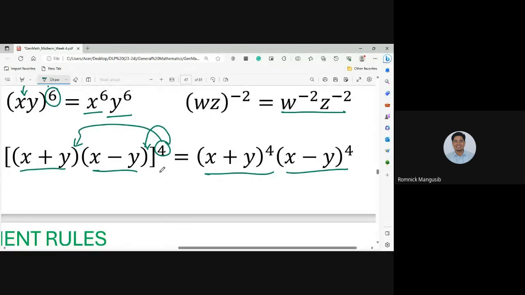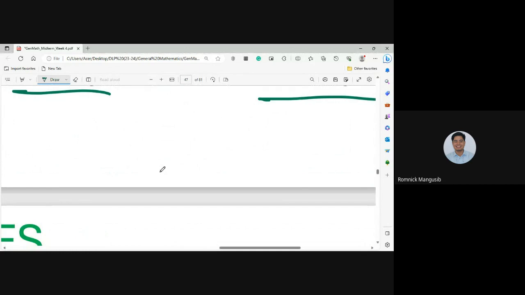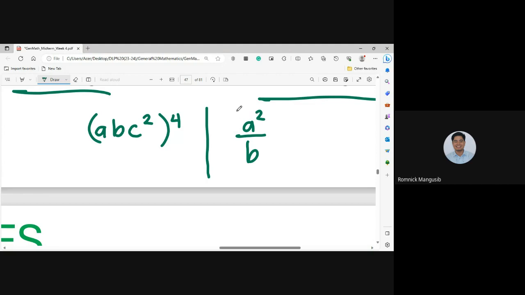Okay? Now, practice. Let's practice again. I'll give two numbers and then type your answer. Just comment your answer. Let's say we have (abc squared) raised to 4, and we have (yz) raised to 11.